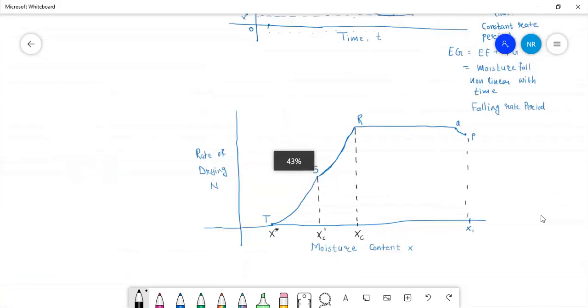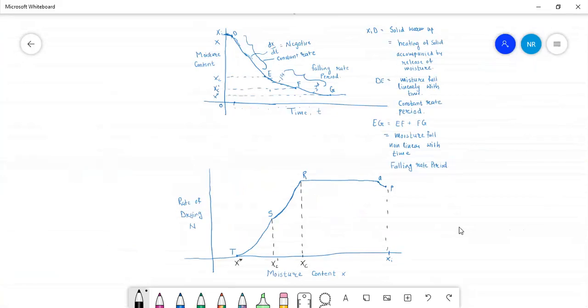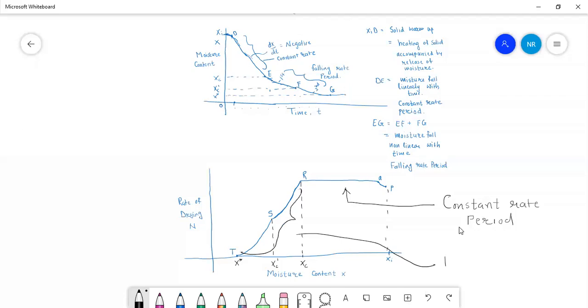There are two periods: here will be the constant rate period, and these two will be the falling rate period. So these are the different values of N, and we can calculate the different values of X.